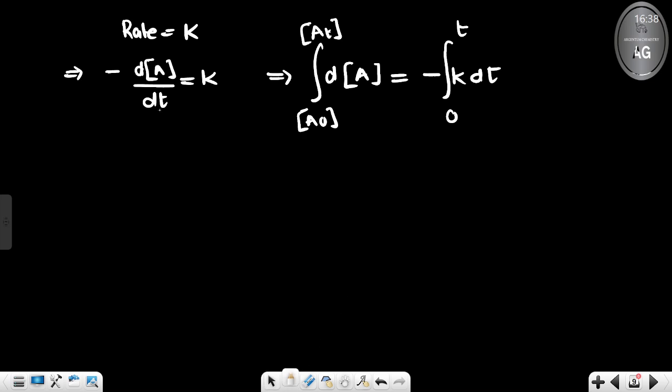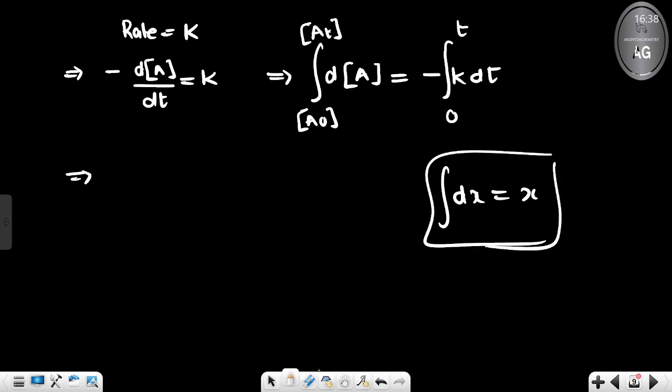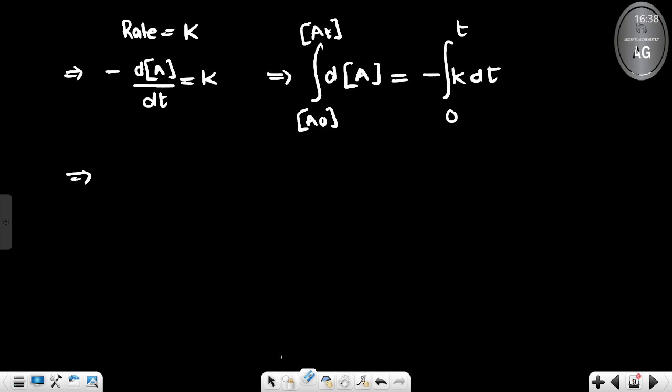So now let's integrate. Integration of dx will give you x. If you don't know this much integration, there is a problem for the maths exam. So this integration will give me At minus A0, upper limit minus lower limit, equals minus K times t.